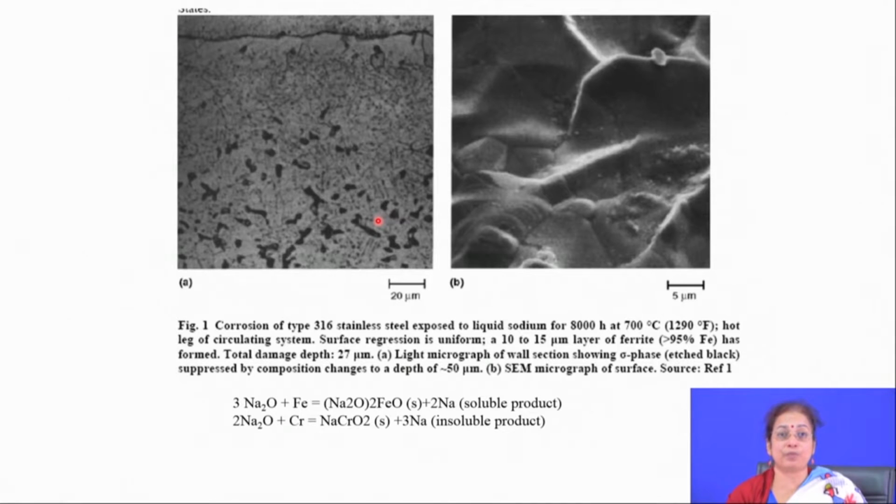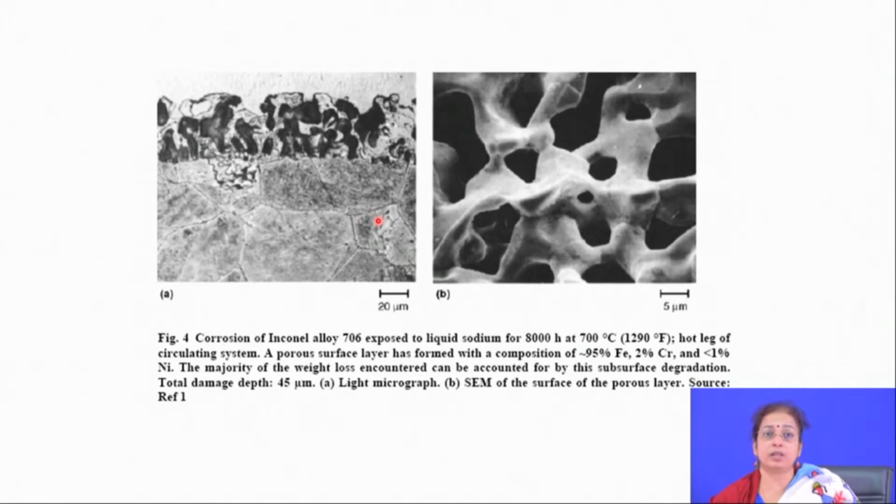So, you have to replace it time and again, so that new materials come into the carrying purpose and you do not have any problem of overall loss of the component. This is the case for corrosion of Inconel alloy 706 exposed to liquid sodium for again 8000 hours at 700 degrees Celsius in a hot leg circulating system.